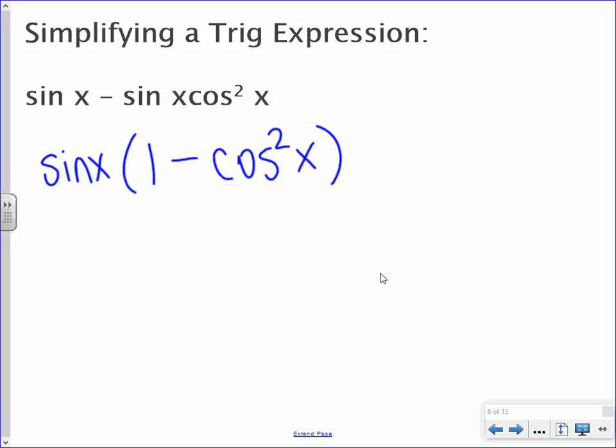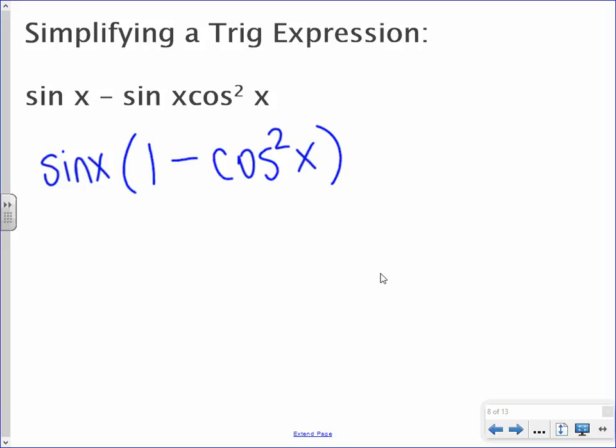Okay, we have an identity. Sine squared plus cosine squared equals 1. So technically, sine squared is 1 minus cosine squared. If we move that over to the other side, okay, we can rearrange an identity to use it. So if sine squared is 1 minus cosine squared, right?